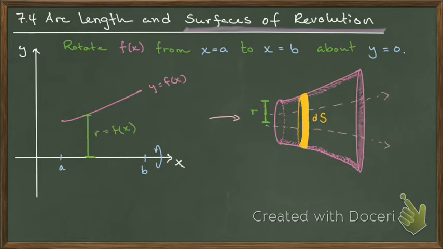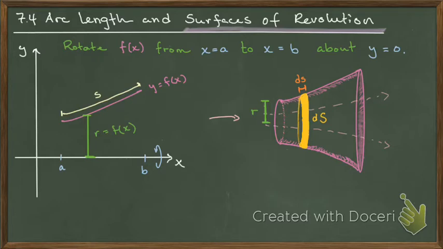For any x value, I plug into my function, I get a y value. That's going to be the radius of the surface at any point on the curve there. And then I need this little thickness here, which is going to be the small section of arc length. The whole arc length is this distance here, that's little s. The small portion is d little s, the same as the ds that we used in the previous video.